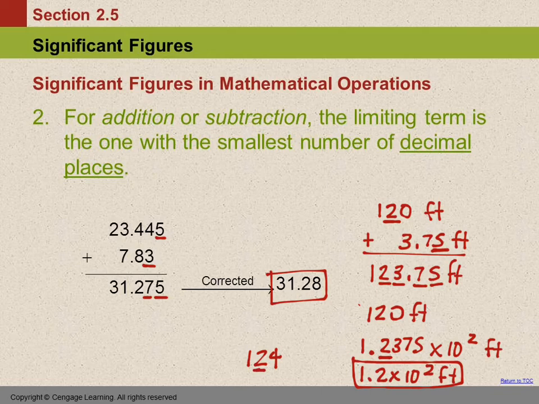And so when we write the measurement, we want to include the certain digits and only the first uncertain. So we can't really put in the ones place because we're uncertain about the tens. So we really can't say anything about the ones, even though we added a number to it that was much more precise. So you can just disregard the 3.75 in the first place.